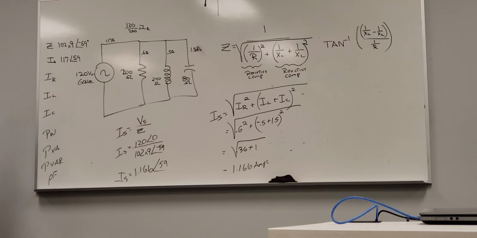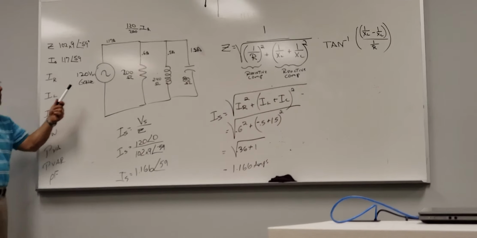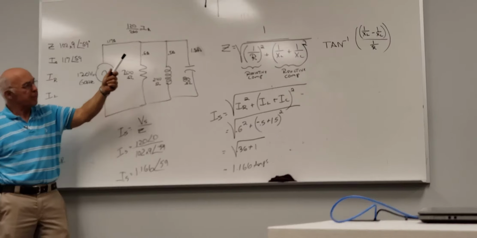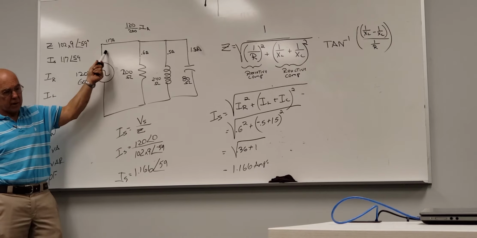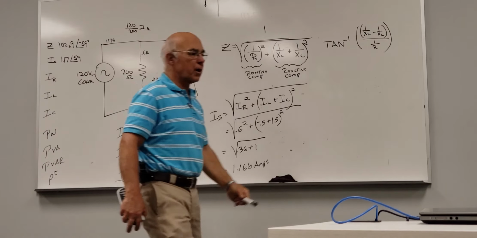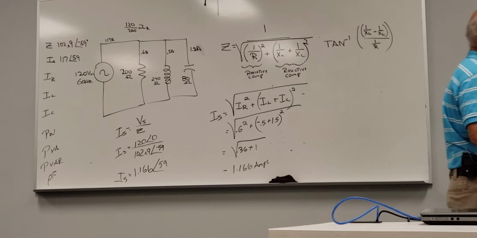Alright. Most of it went through the capacitor. What's always interesting is the current in the capacitor is more than the current we're getting from the source. At first glance, you think, well, that looks a little weird.